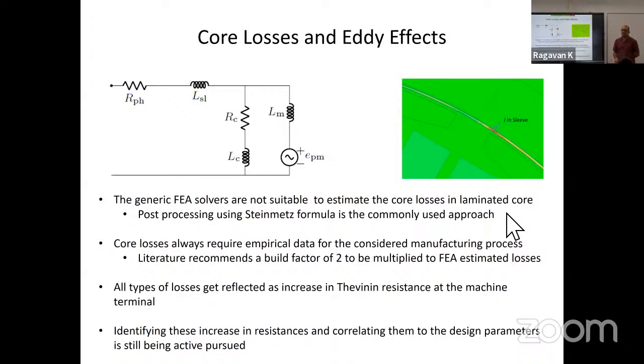This also gets reflected as an increased Thevenin resistance when you look from the terminals. But where do you put it? Do you put it here, or is it because of some leakage? These are some interesting things that one can think about, and they're still being addressed.